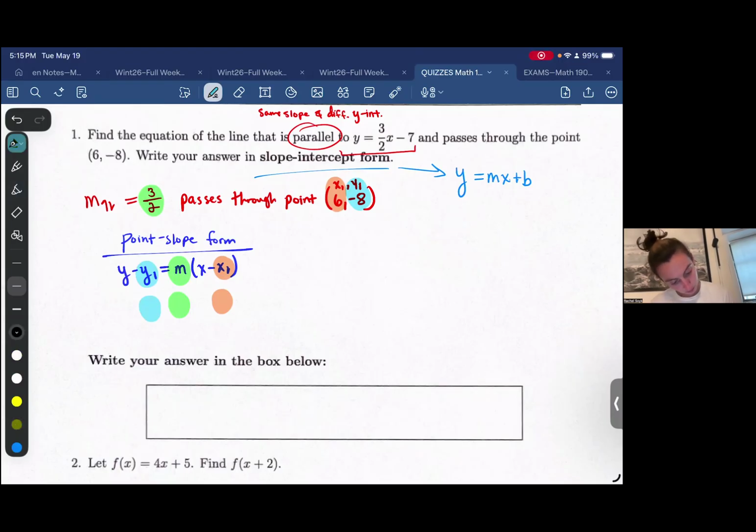So we end up with y minus -8 equals 3/2 (x minus 6). Minus negative is just plus, so y plus 8. Distribute that 3/2 equals 3/2 x minus 18/2. We're going to go ahead and subtract 8 from both sides.